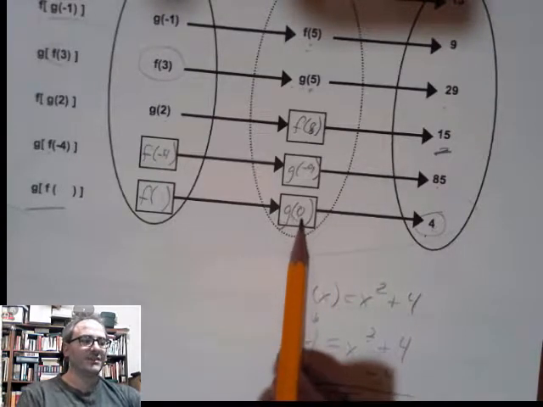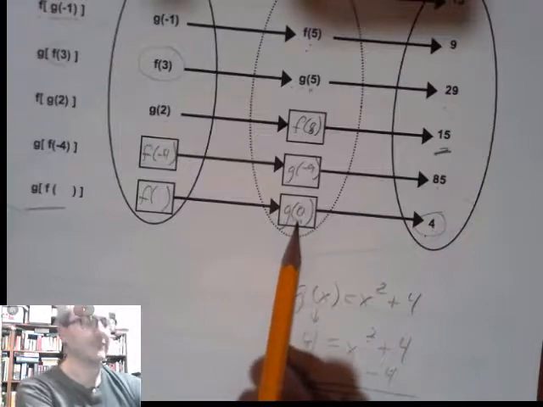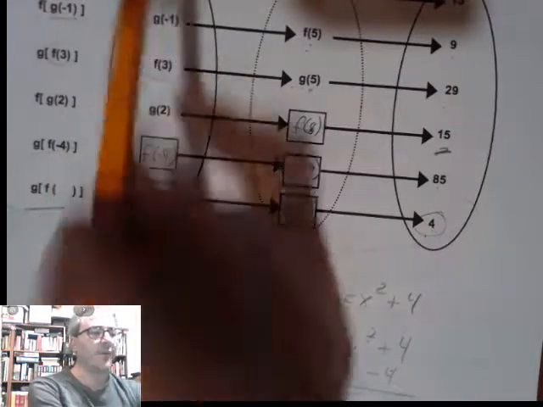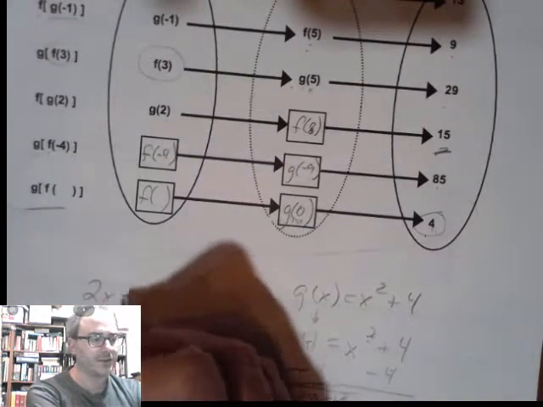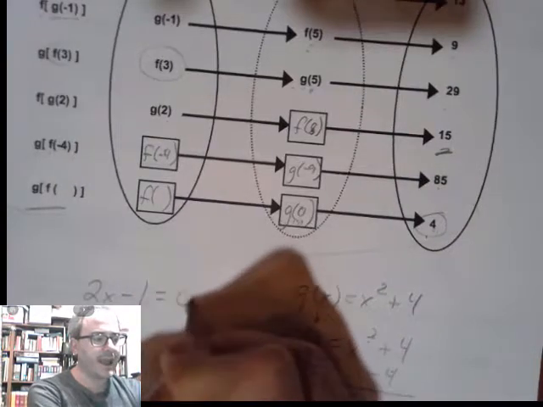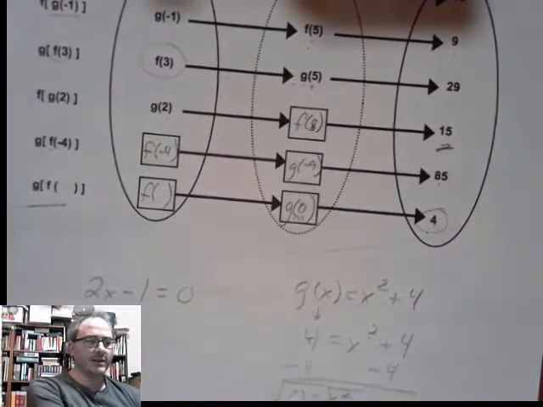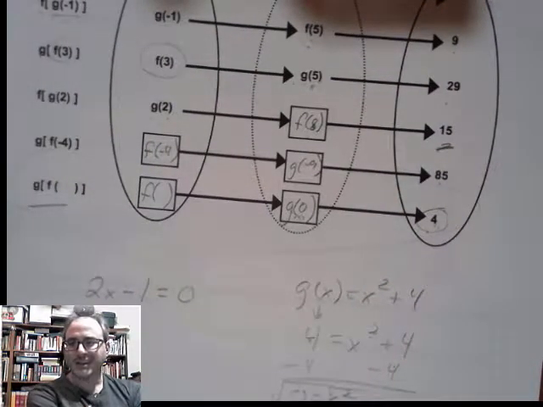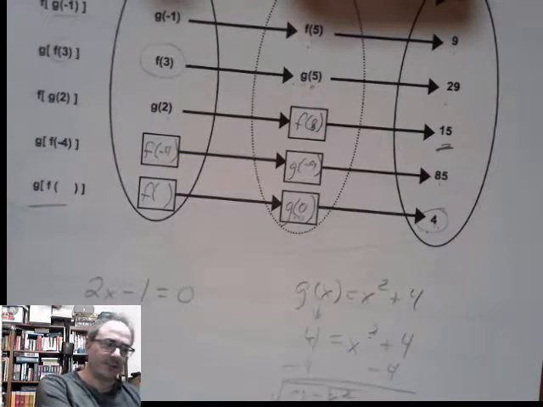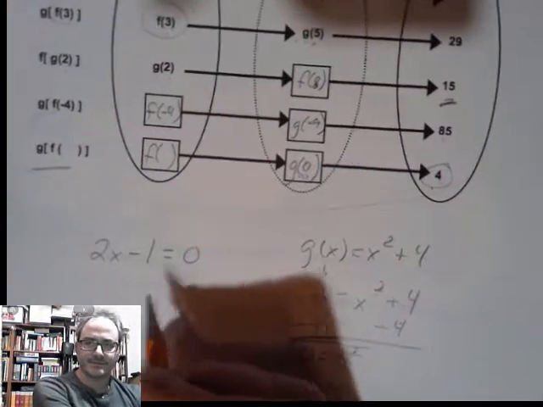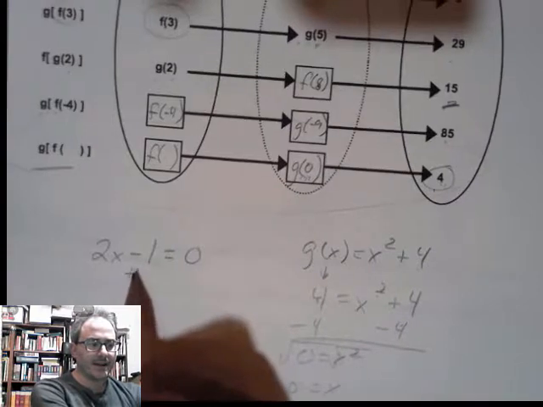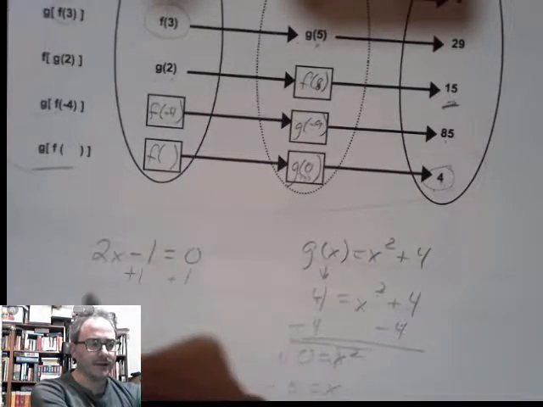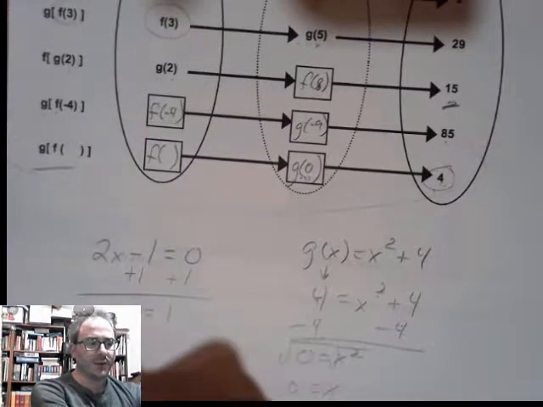Okay, if I know that 0 got put in here, then I know my output for my f of x was 0. I know that 2x minus 1 had an output of 0. So what number went into the function to give me an output of 0? Is that making sense? To find that out, I have to add 1, which gives me 2x equals 1.